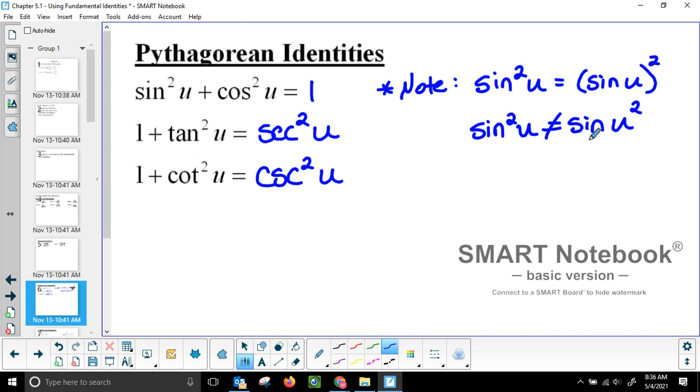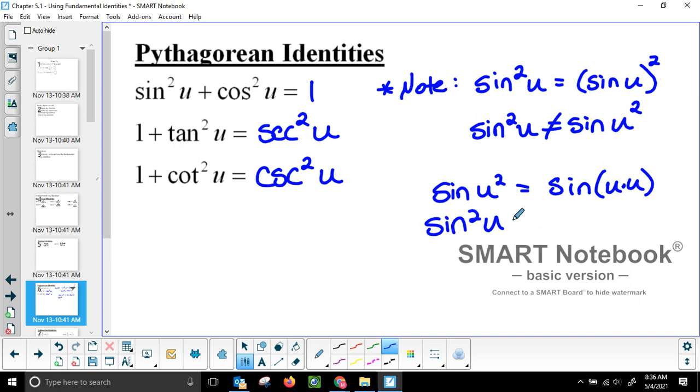So, for instance, sine of u squared is simply sine of u squared, or sine of u times u, whereas sine squared u is equal to sine of u times sine of u, which are very different things.